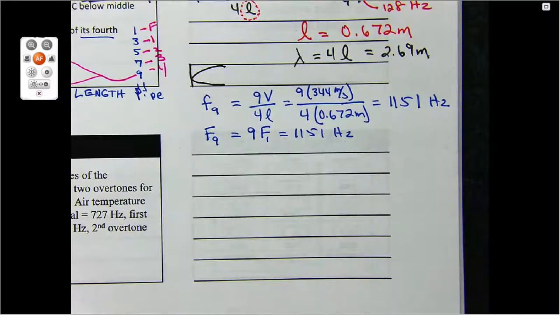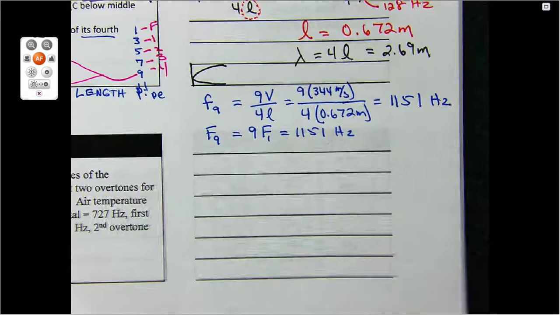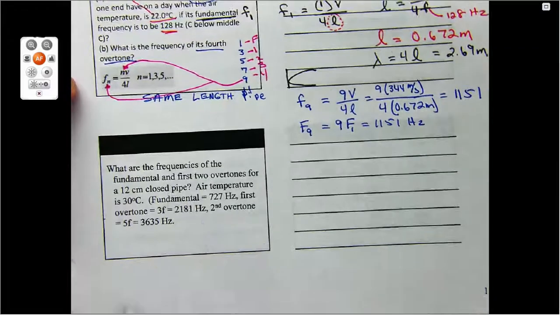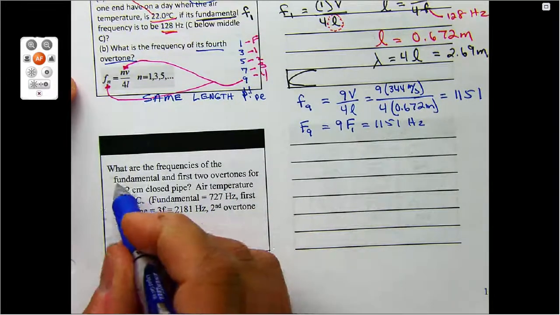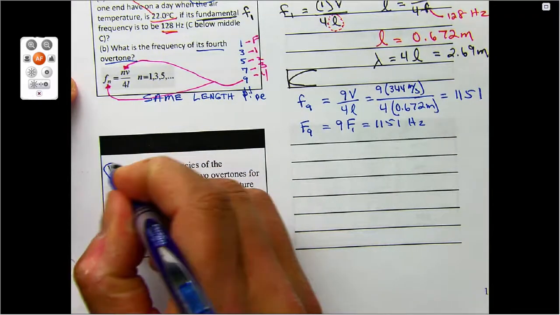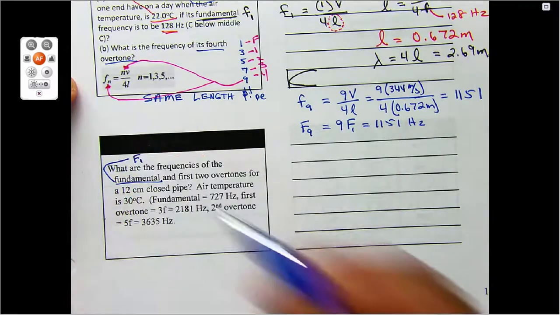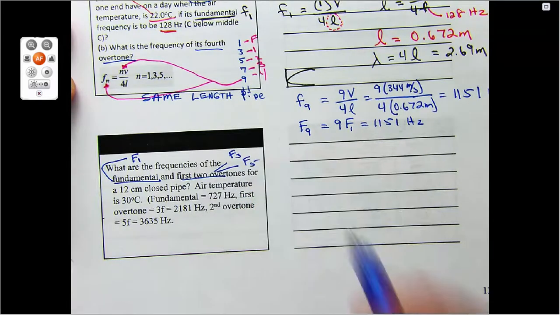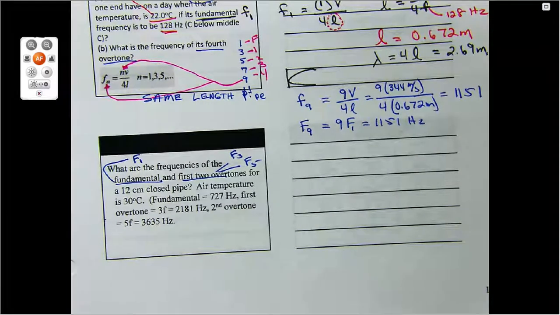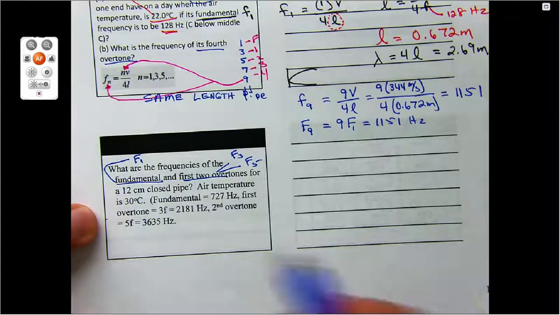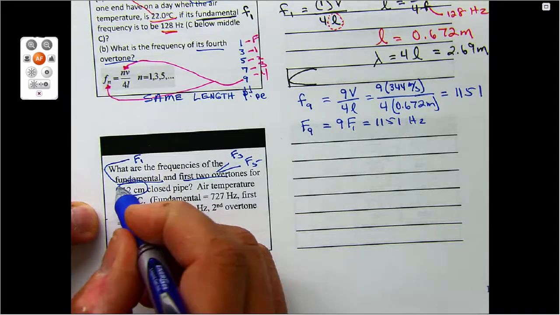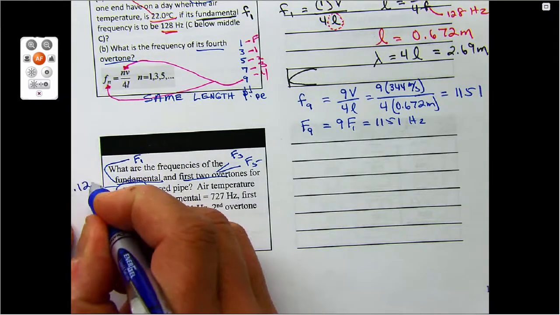Okay. So what are the frequencies of the fundamental, F1, F3, and F5, right? Fundamental F1. My pipe is going to be 0.12 meters.